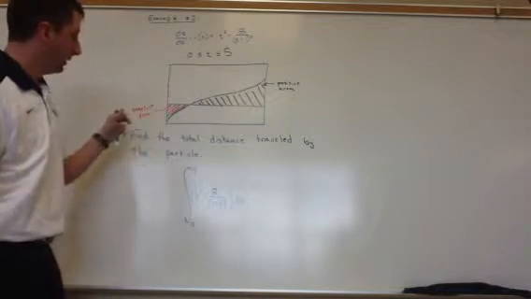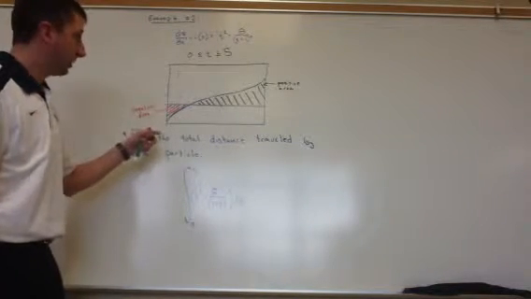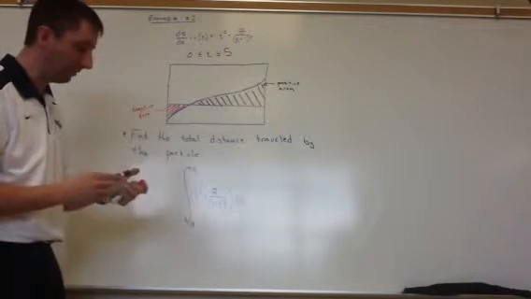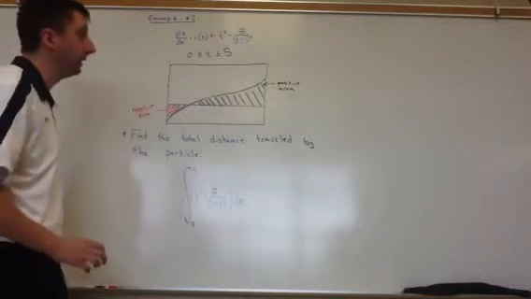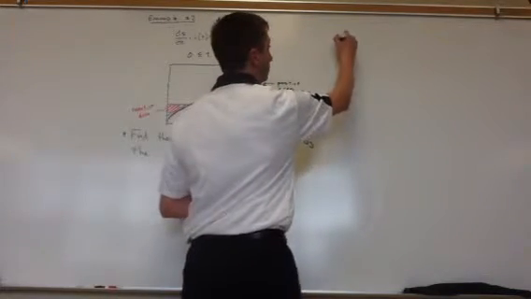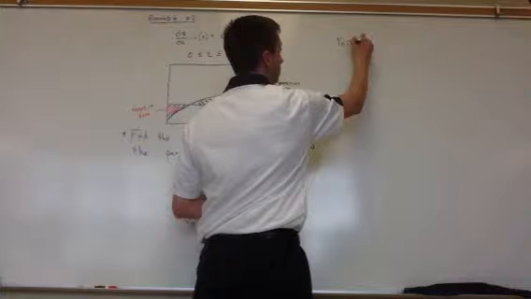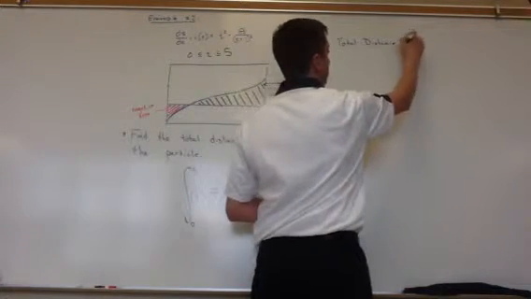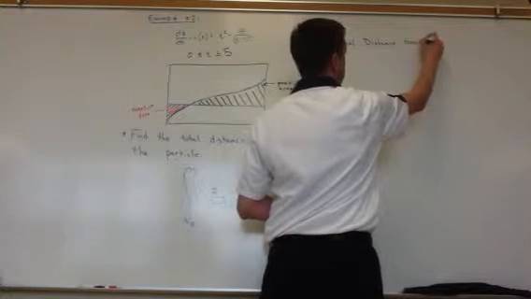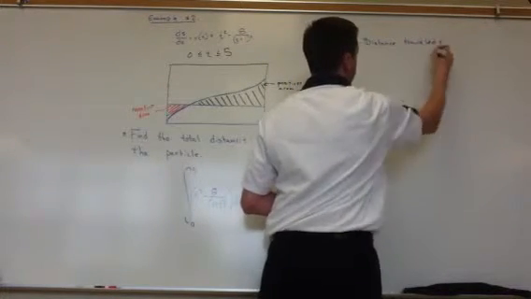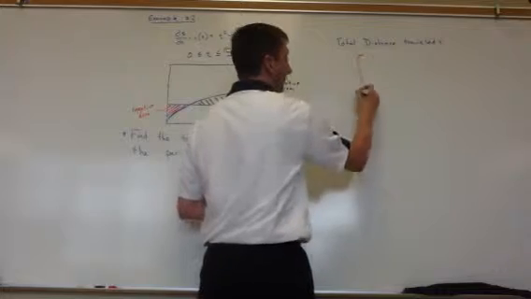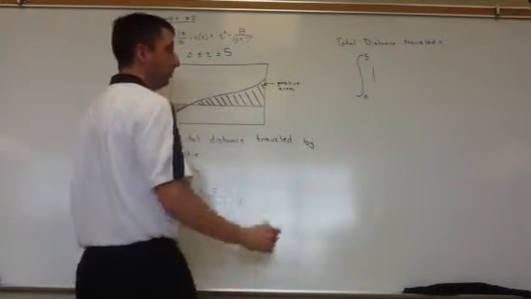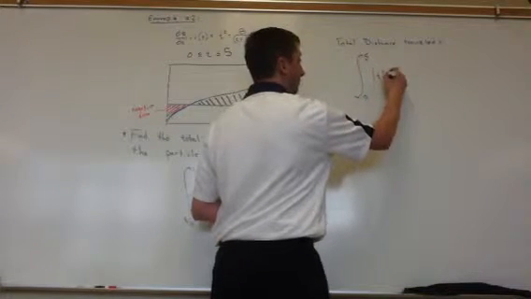But when we want to find the total distance traveled, it should make sense that the total distance traveled is just going to be equal to the integral from 0 to 5 of the absolute value of my velocity.